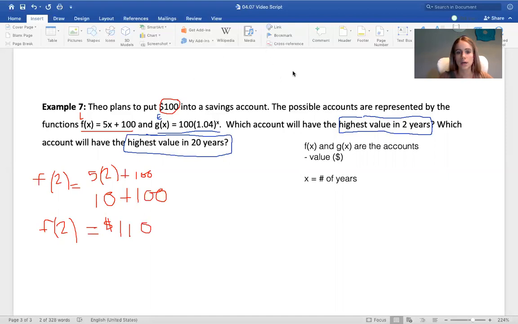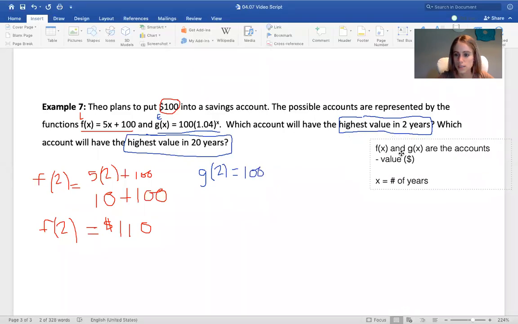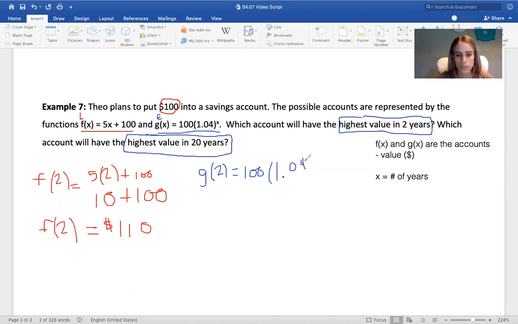And let's see now how much my exponential account will have. So g of 2 is equal to 100 times 1 and 1/400 raised to the power of 2 years. So when I substitute that value in, on my calculator, I kept the entire decimal in there for accuracy.